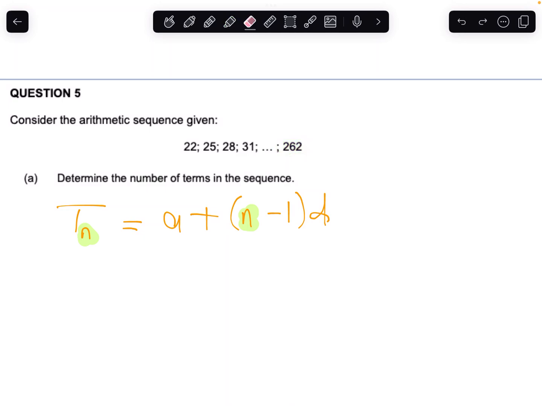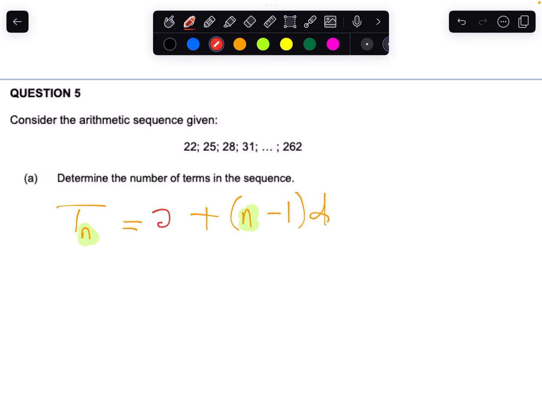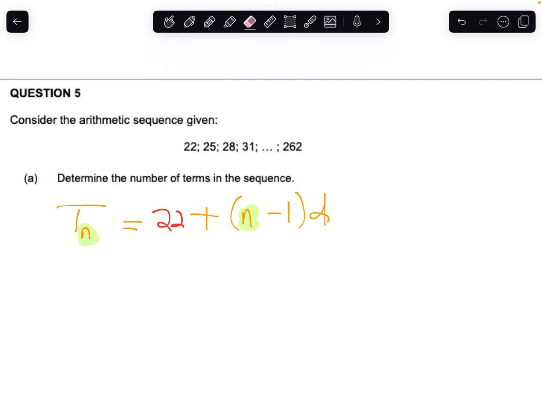We do know that a, the first term, is 22, and that d, the difference, is 3. We're going up by 3 each time. And we know that the mystery nth term is 262.